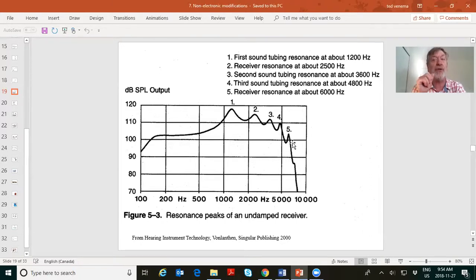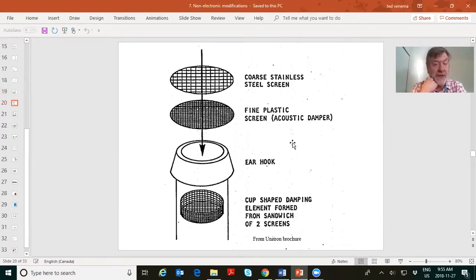Feedback occurs due to high frequency peaks in the frequency response of a hearing aid. Filters are like tiny little screens that are meant to provide resistance. Now, this harkens back to earlier stuff in acoustics as well.